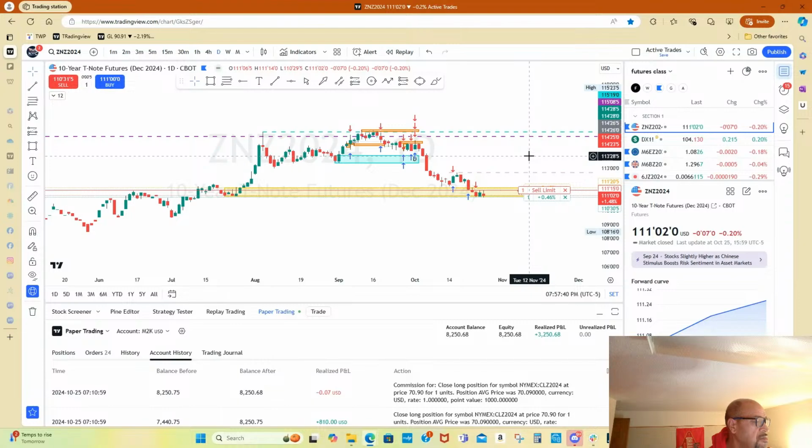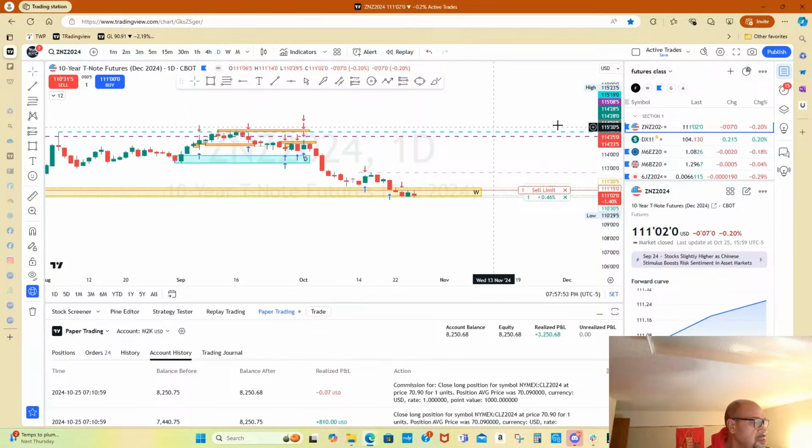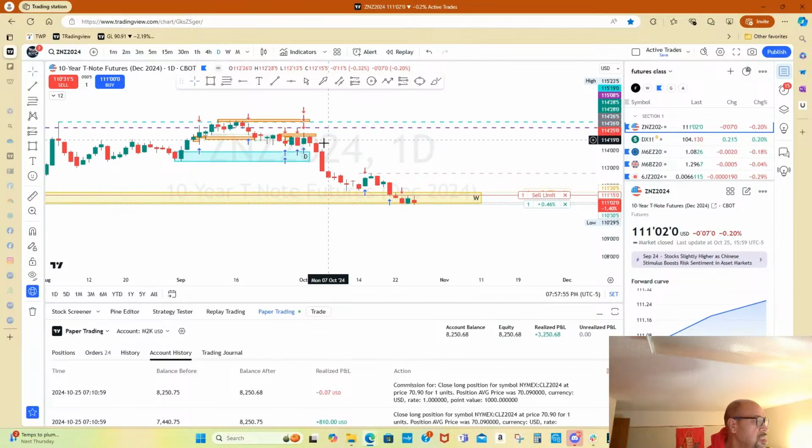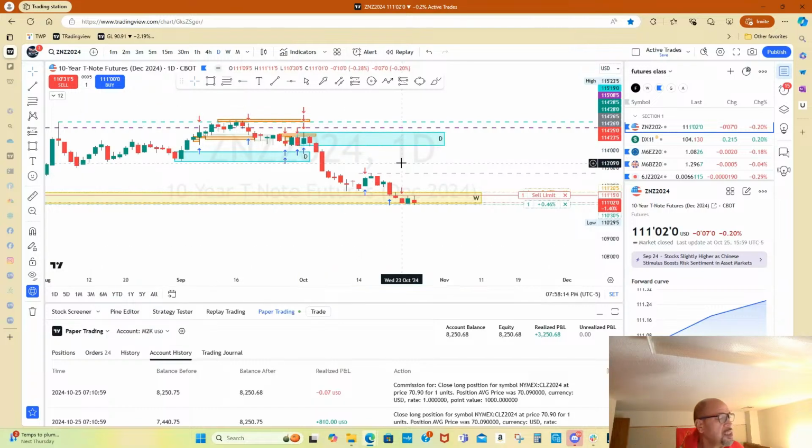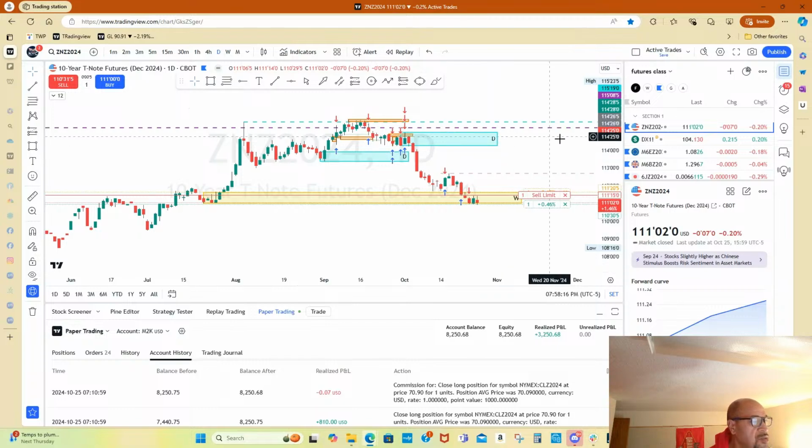But yeah, a lot of my weekly stuff's going to hold up. Daily stuff, there might be some new zones. Here's a daily that clearly got busted, but there's a zone there above it that I could look at. I'm sitting here doing this now, and I'm not doing this in an organized way.